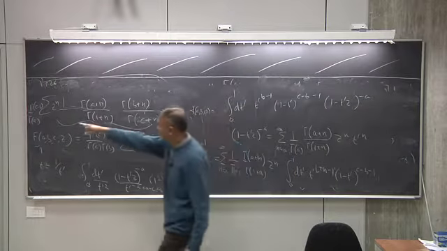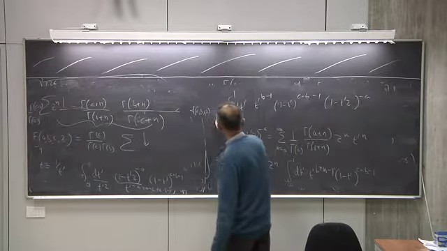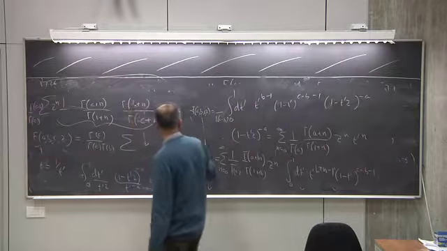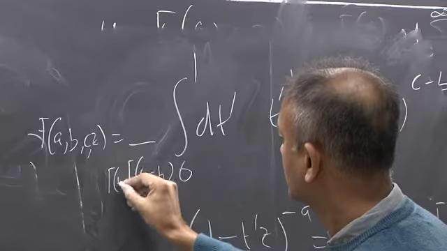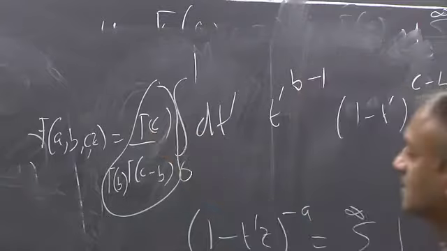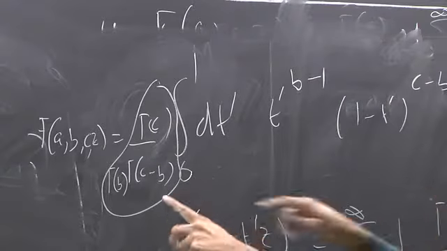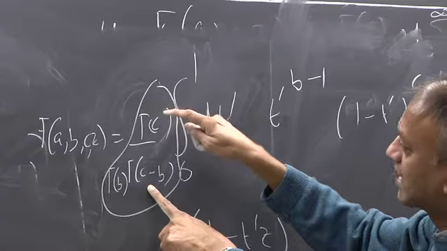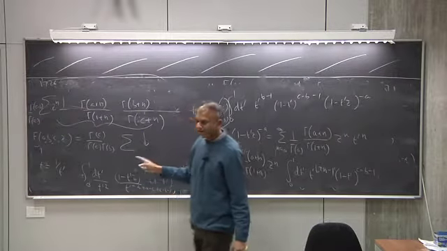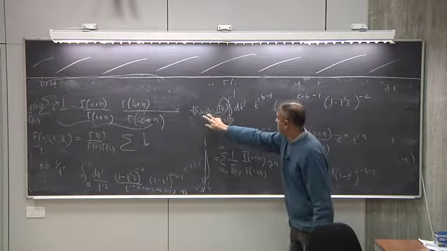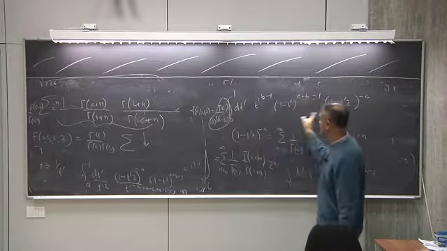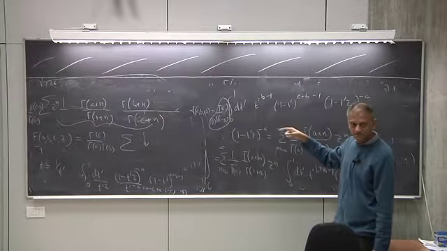I have to divide by gamma C minus B, gamma B, gamma C. If you consider this, you see that gamma C minus B cancels, and you're just left with gamma C divided by gamma B divided by gamma A, which is exactly that. So we can express F(A,B,C;Z) as some constant which depends on A, B, C times this integral from 0 to 1.